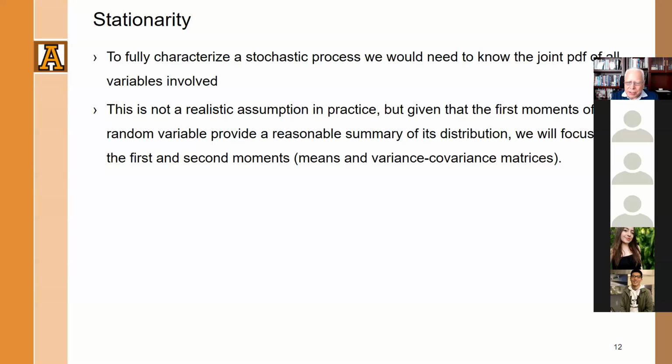So it is reasonable to assume that we can summarize the behavior of the stochastic process that generated the series that we're analyzing if we focus on the first two moments of the series. So we'll be focusing on the first two moments, which are the mean and the variance covariance matrix.